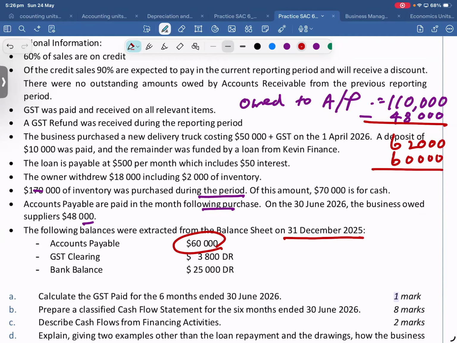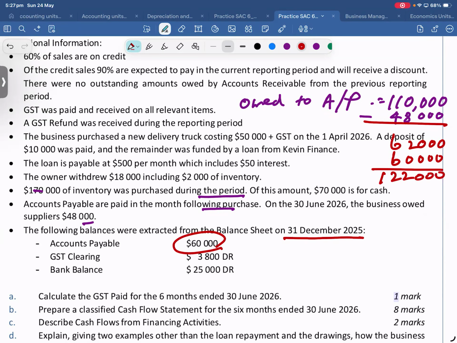So then the total is 122,000. Is that correct? Yes. What about discount revenue? No discount revenue here. So 122,000 is the payment to accounts payable.